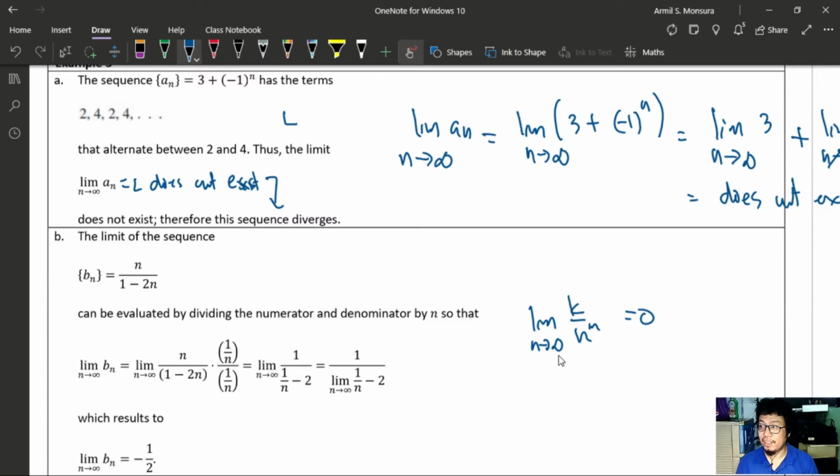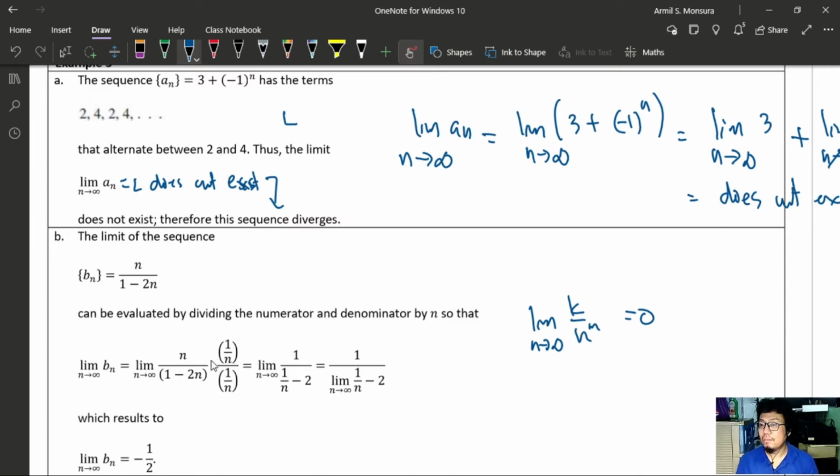So if you can produce these terms out of the terms of your polynomials, both in the numerator and in the denominator, then you can easily evaluate the limit of your function.